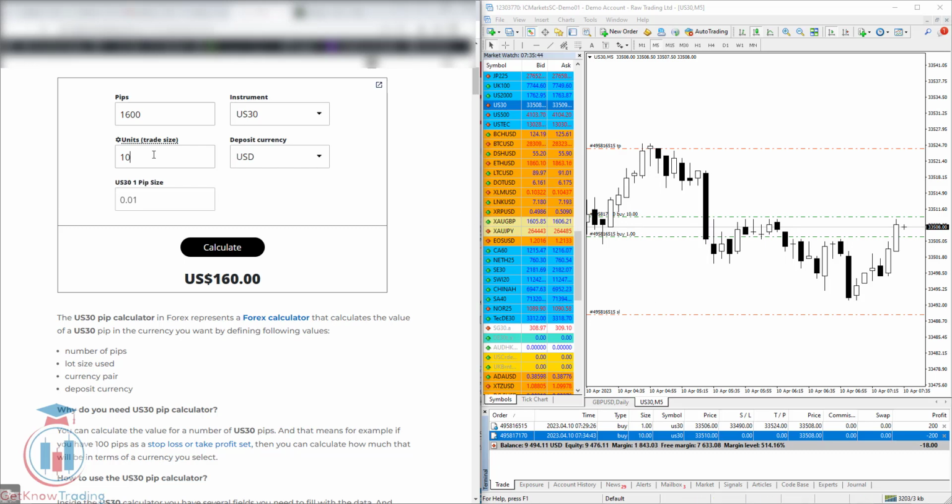Use this calculator in your case to get the correct values on your trading platform. Then you can also change this to any other deposit currency that you are currently using, so the calculator will calculate the correct values for you automatically, so you do not need to make manual calculations.